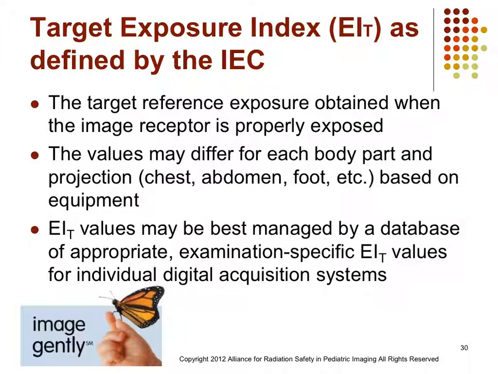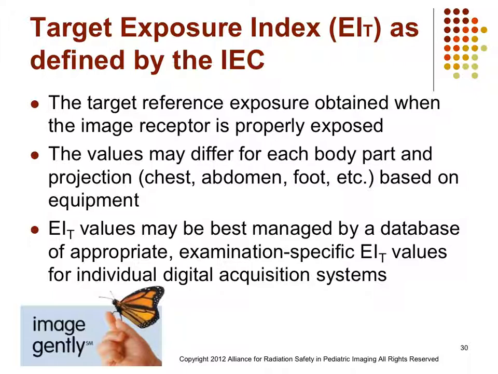And what the system is going to do, once we get to the next term, is take that target exposure index and compare it to the exposure that it receives. So it's a comparison between what we're saying is appropriate, and this value should be unique. It should be established based on the acceptable amount of noise for radiographs that's determined by the medical physicist in combination with the radiologists and their needs.